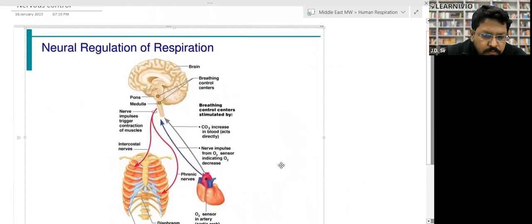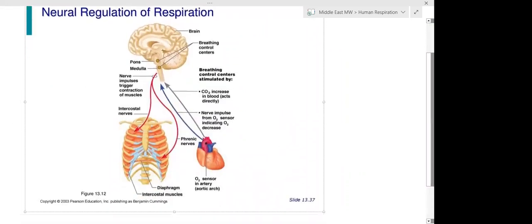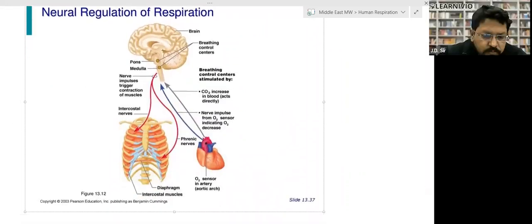Right. The same way, our hindbrain controls the human heart as well as our lungs.